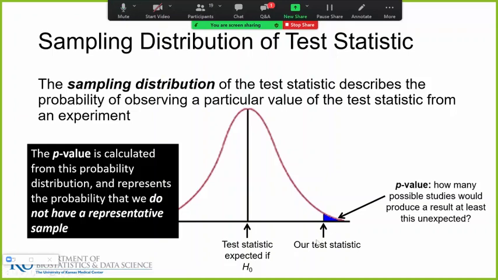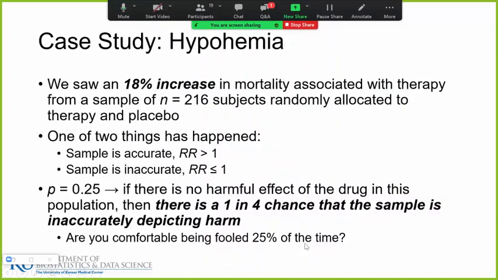It's calculated based on our observed data, so it's observed, and it quantifies the chances of observing this strong of a treatment effect if no treatment effect truly exists. So it basically quantifies our risk of having a misrepresentation in our data of a treatment effect.